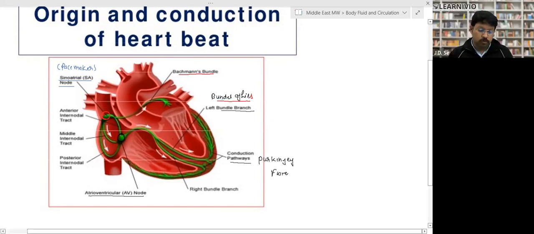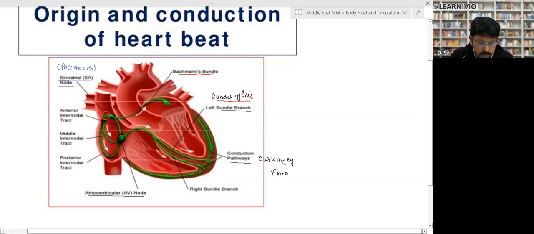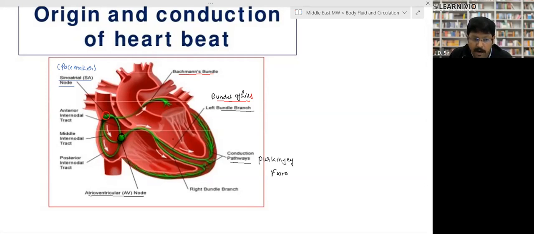Right. So please note it down. The heading is origin of heartbeat. The heartbeat originates from the sinoatrial node, that is, the SA node.